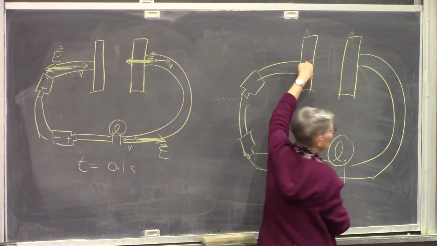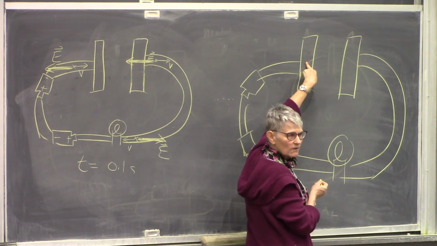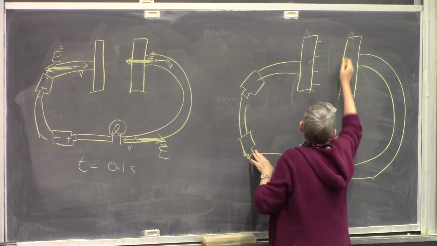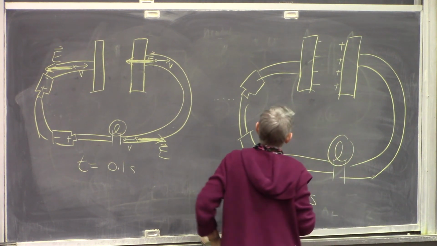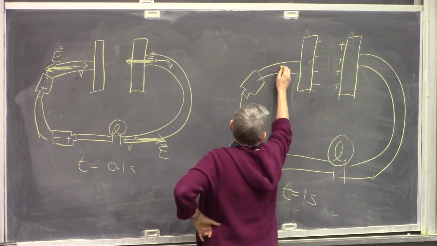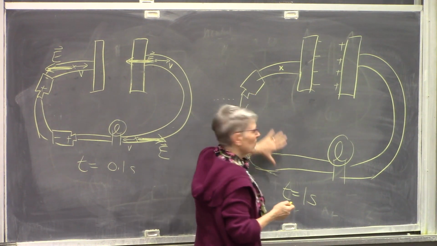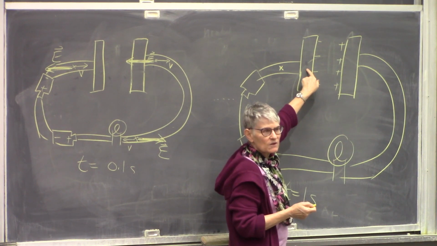So which sign is the charge here? Negative, right? So we have a little bit of negative charge, and we have a deficiency of negative charge here. And that means that the electric field at this location is now due not only to the batteries and charge on the surface of the wire, but it's also due to the capacitor.